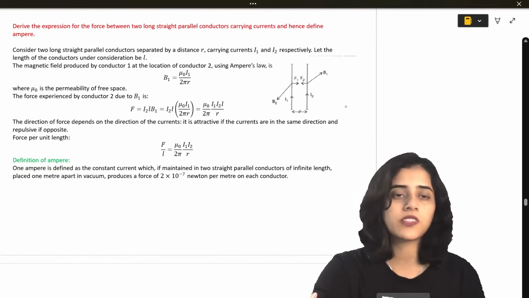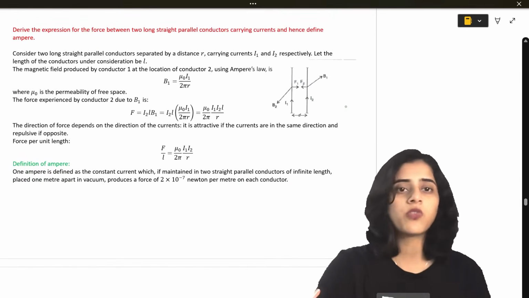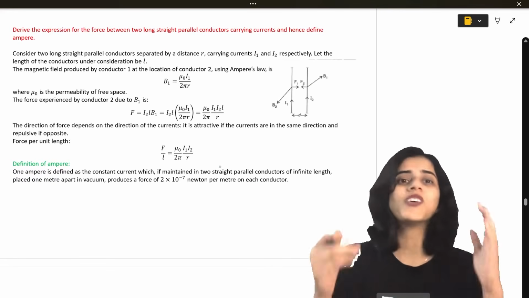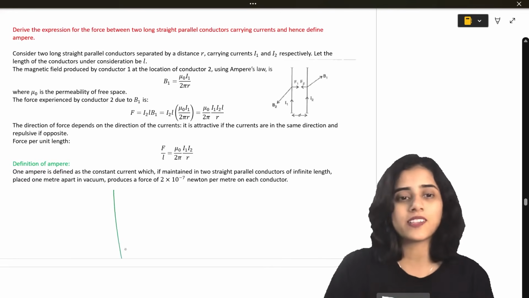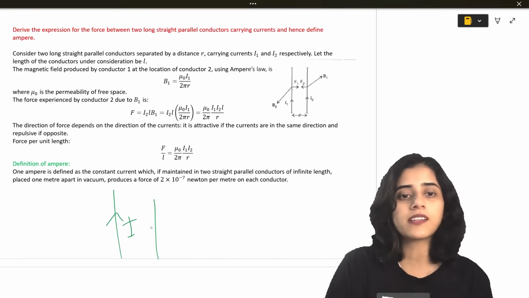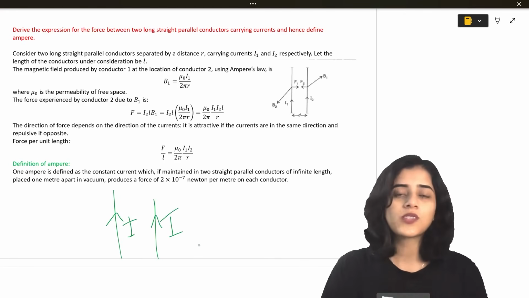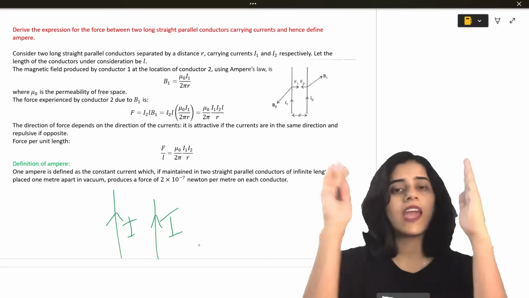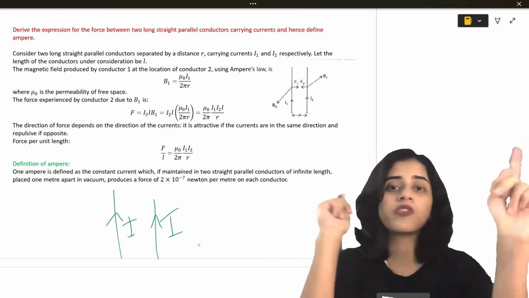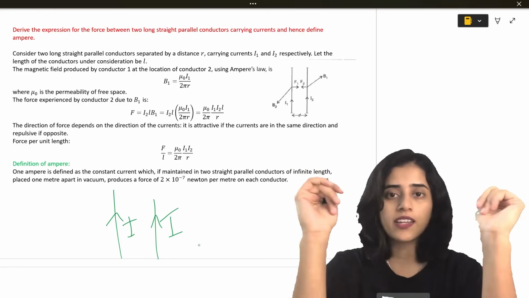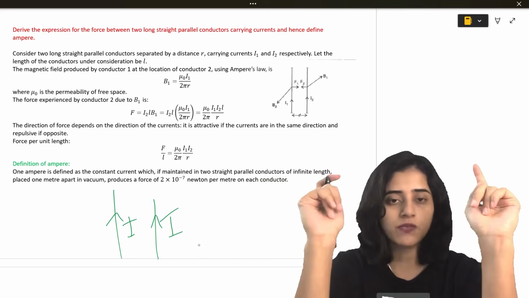Next question. Derive an expression for force between two long straight parallel conductors. So you have 2 conductors, and they both carry current in the same direction. Every current carrying conductor has a magnetic field around it, so 2 long current carrying conductors have 2 magnetic fields around them.